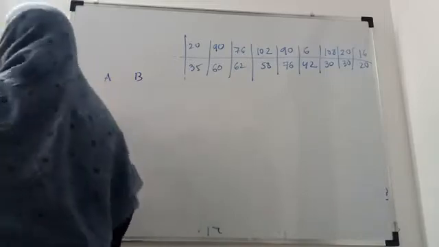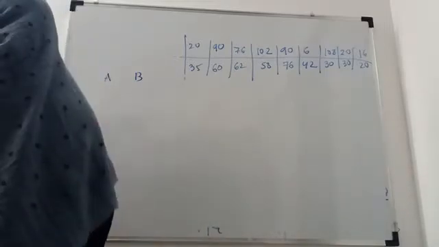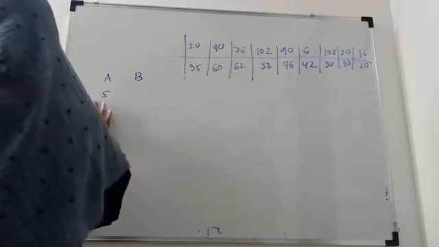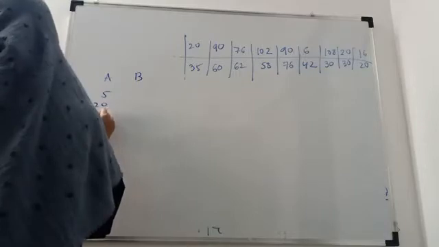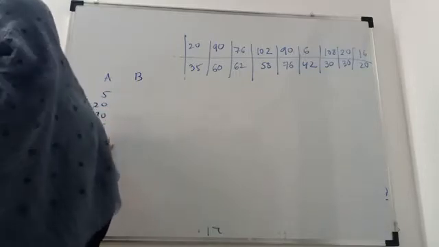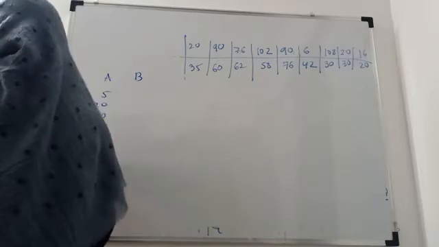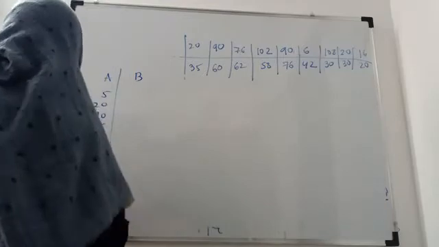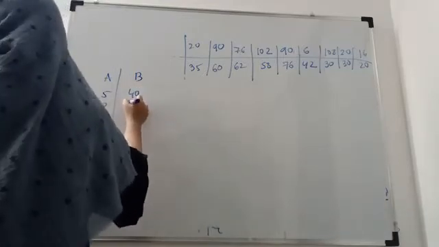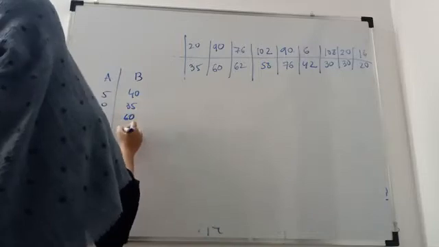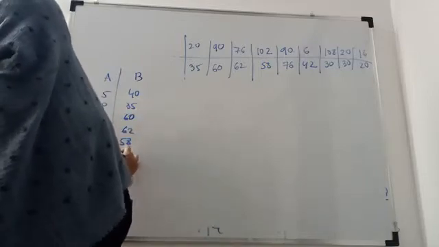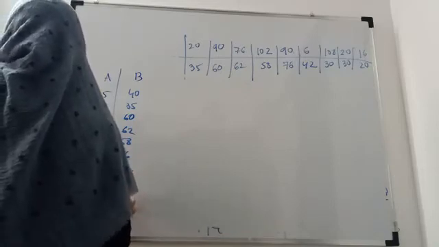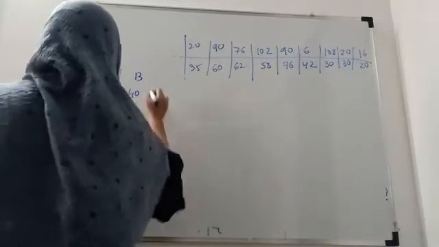A, B. A is 5, 40, 5, 20, 90, 76, 102, 96, 108, 20 and 60. And for B, it is 40, 35, 60, 62, 58, 76, 42, 30, 30 and 20.